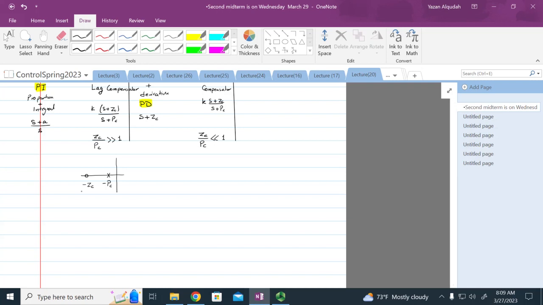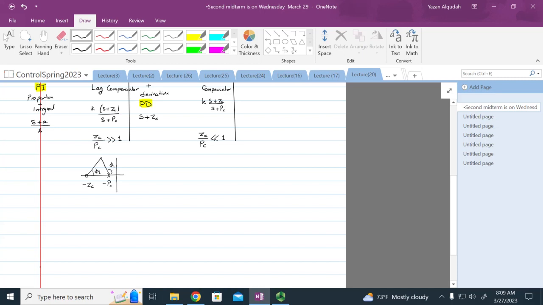ZC is larger than PC. And therefore, if I come here and take any point in the S space and look at the contribution of the angles, phi 2, and this is phi 1.